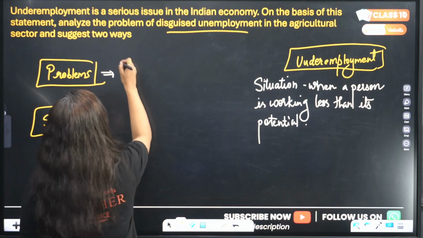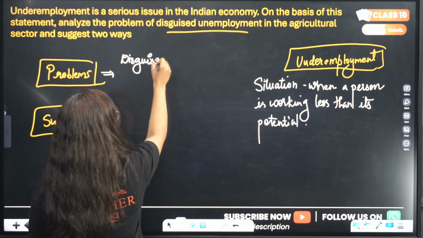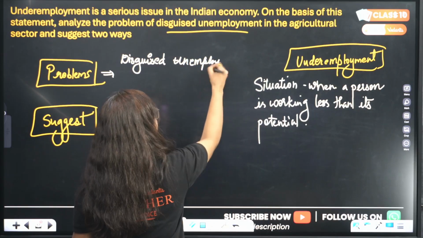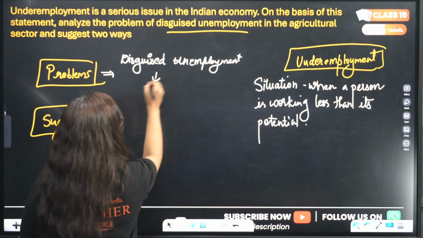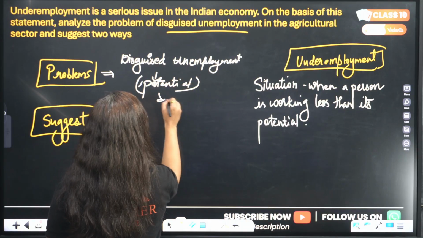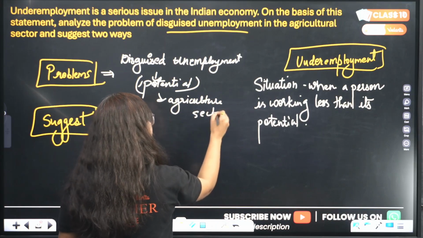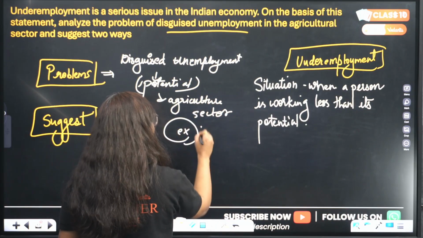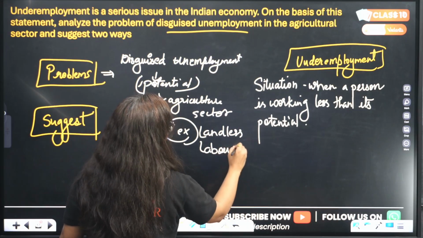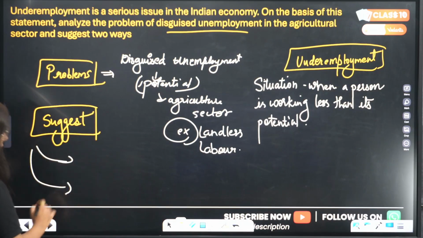So what do we explain, that in disguised unemployment, a person is unable to find work according to their potential, and this pertains so much in the agriculture sector, and here you can give the example of landless labor. Whom, beta? Landless labor. Get it? Discussed. Now comes the point. Why give the suggestion? So what to do?